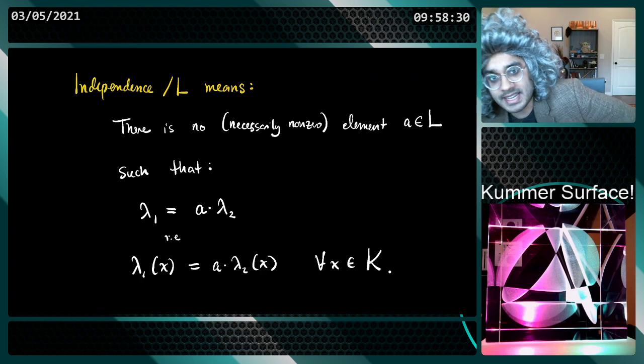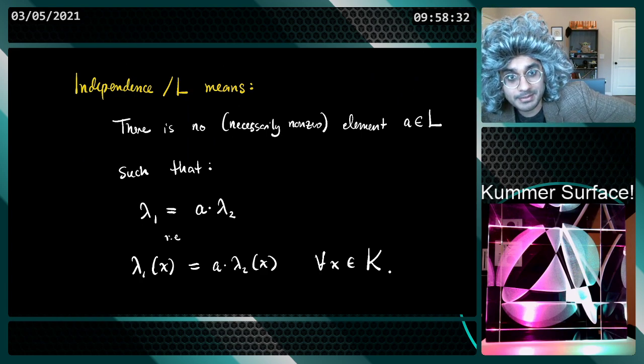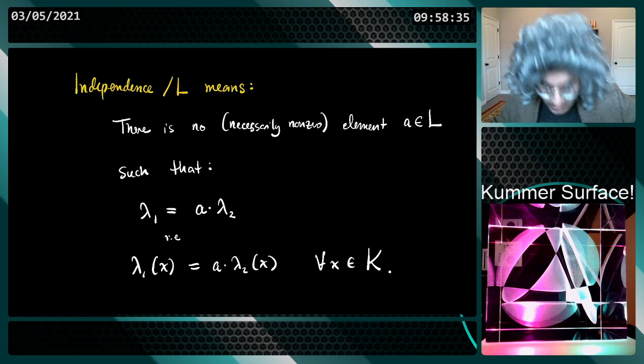Okay, that's what it means to say that lambda 1 and lambda 2 are independent. It means there is no such element.